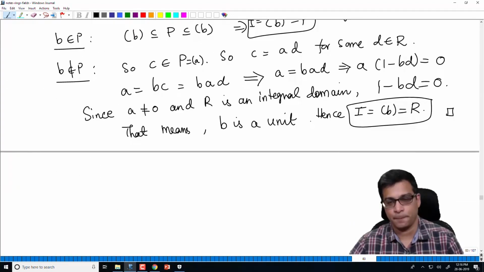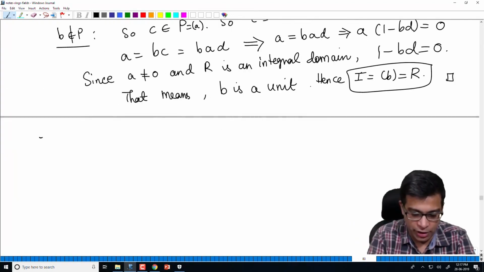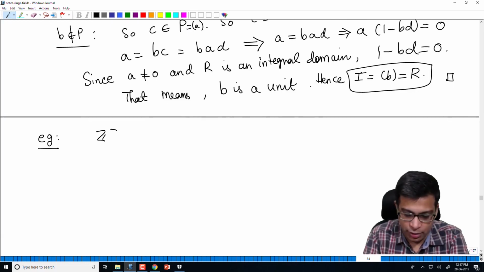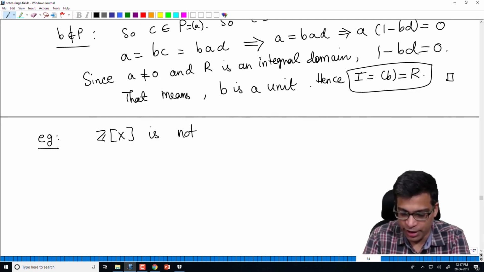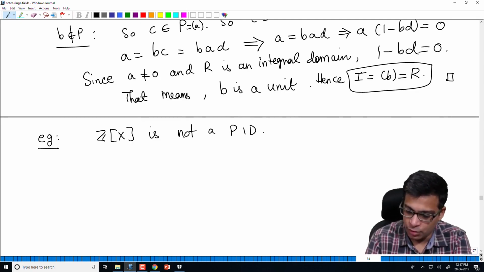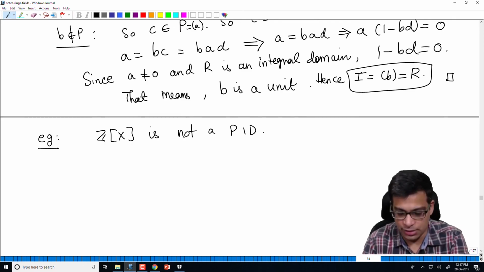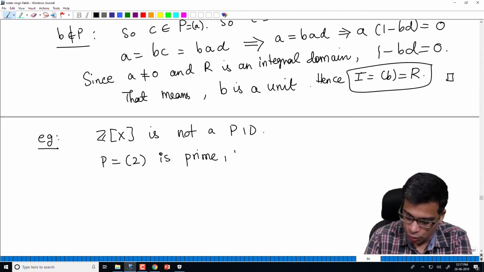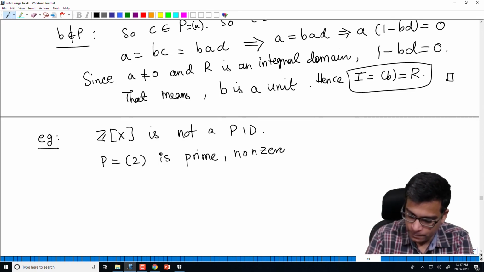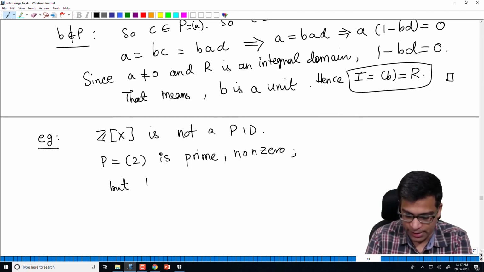It's an interesting statement that every non-zero prime is maximal. So again, we see that in this example. Zx is not a PID, as I proved earlier, and here the ideal P, which is generated by 2, is prime and non-zero, but P is not maximal.